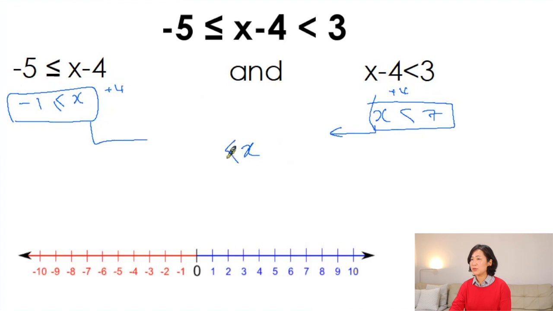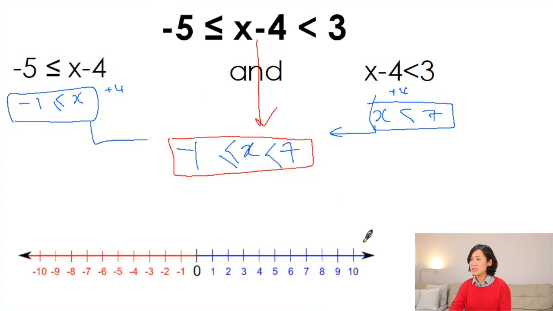Then let's put them together, since 'and' means put them together. So x in the middle. You've got more than or equal to minus 1 on one side, and less than 7 on the other side. Let's put them on the number line. So this is actually the solution for this compound inequality. Your answer for x will be all the numbers between them.